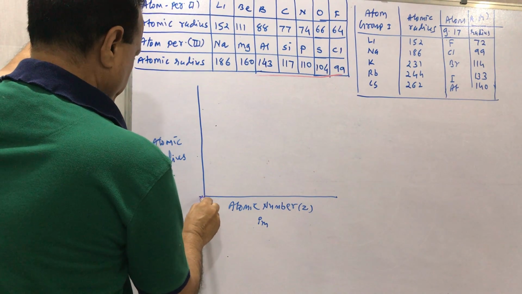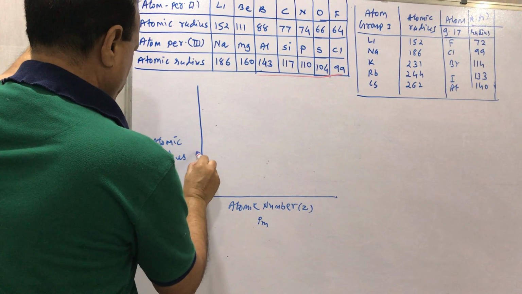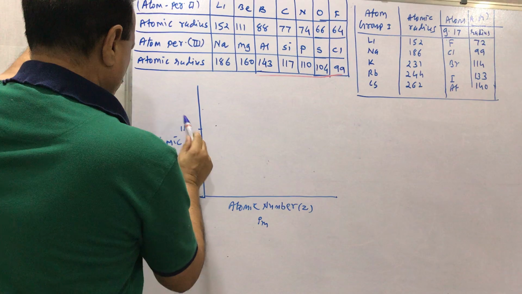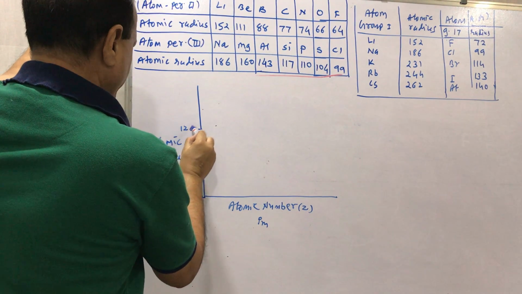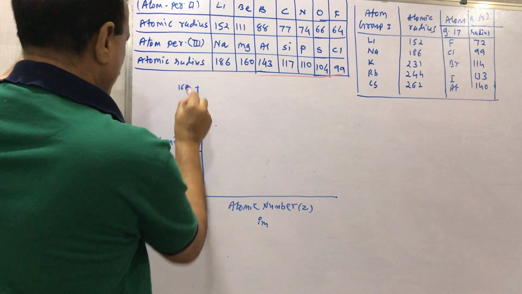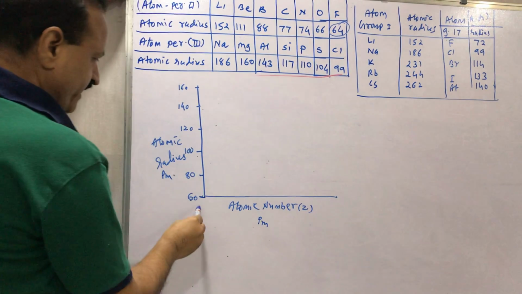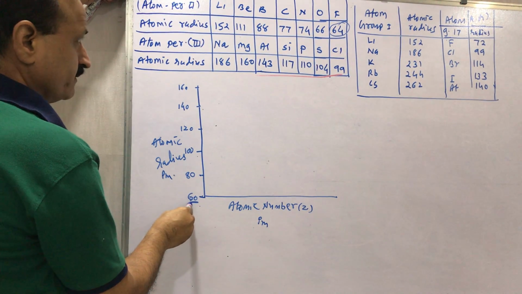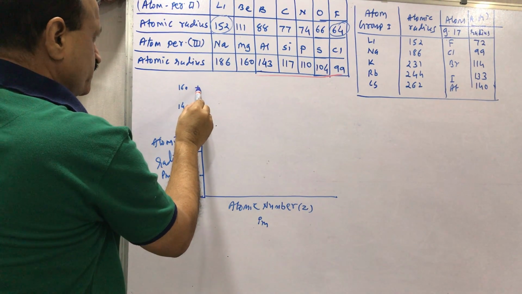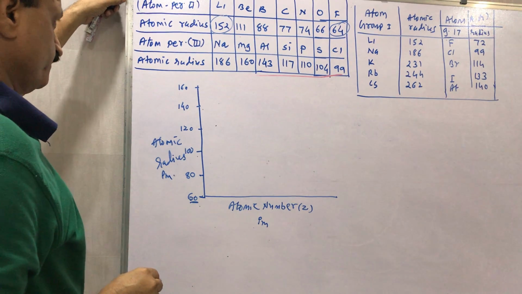here is 60, here is 80, here is 100, here is 120, 20 difference. This is 140 and this is 160. So the last value is 64. We have started the value from 60, and the highest value is 152, so 152 will be below 160.